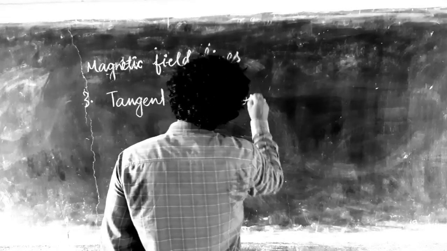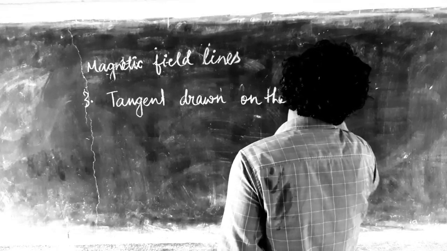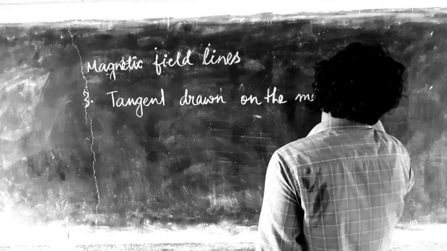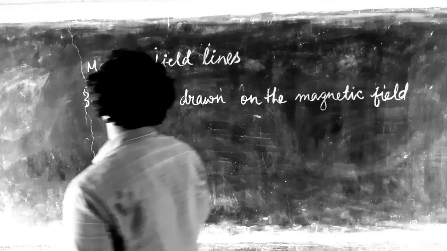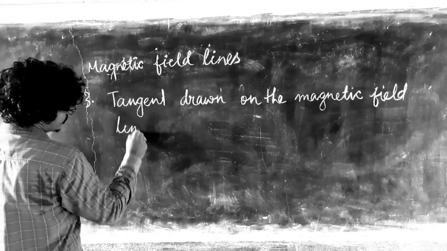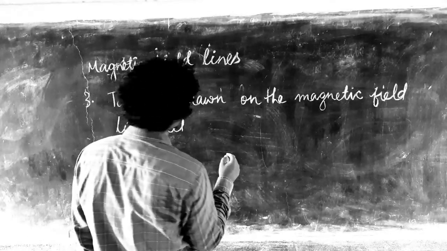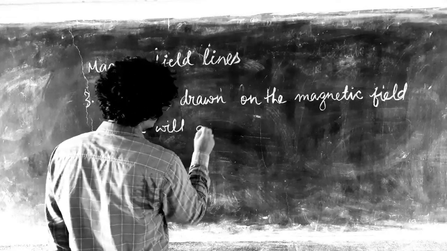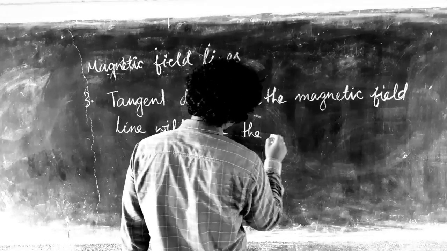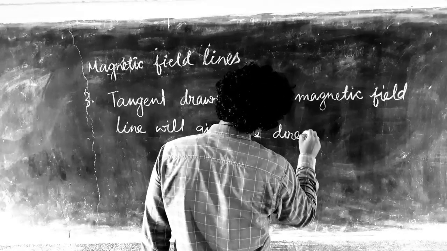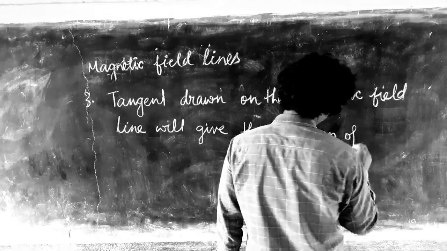A tangent drawn on the magnetic field line will give the direction of the magnetic field.